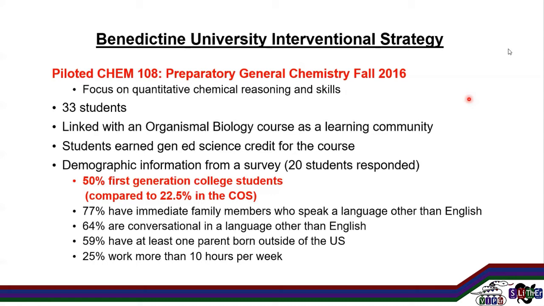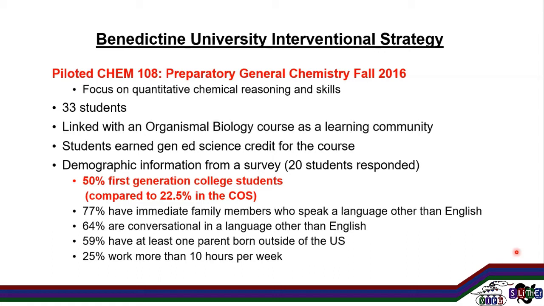What was also interesting was the demographic information from the survey. 50% of these students were first generation college students, which is double the amount in the College of Science alone. 77% of these students spoke another language at home with their family. And another thing that really was eye-opening to us is that of these students that were underprepared, 25% of them worked 10 hours or more per week.